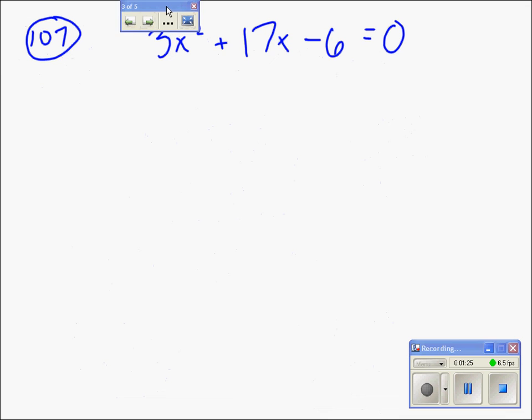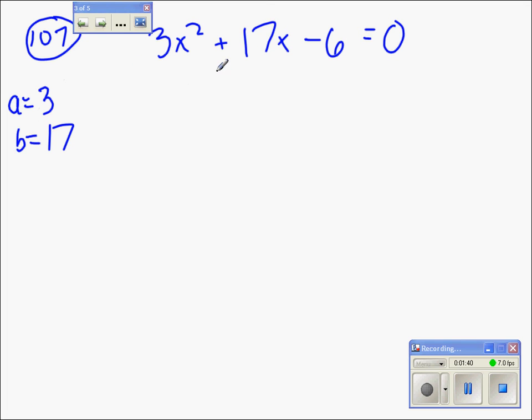Okay, 107 is actually problem 106 part B done again. And the basic idea here is we're going to use the quadratic formula just to prove that we can use it for any problem. So A is 3 because it's the coefficient of x squared. B is 17, it's the coefficient of x. C is negative 6.